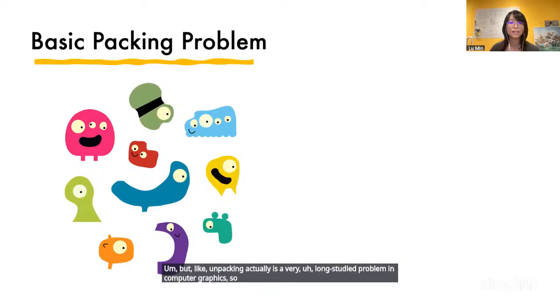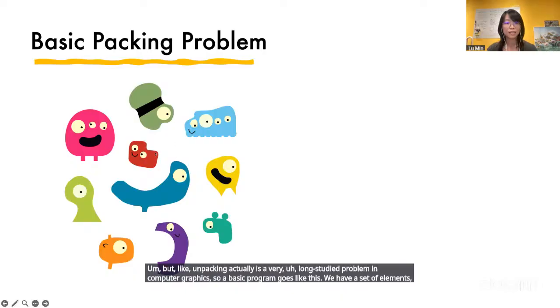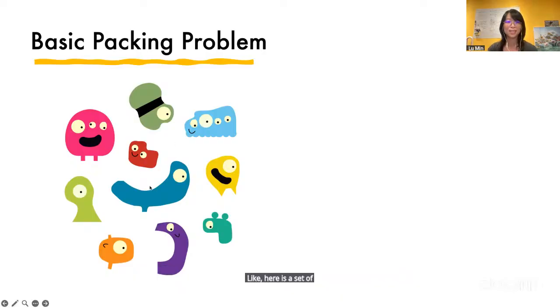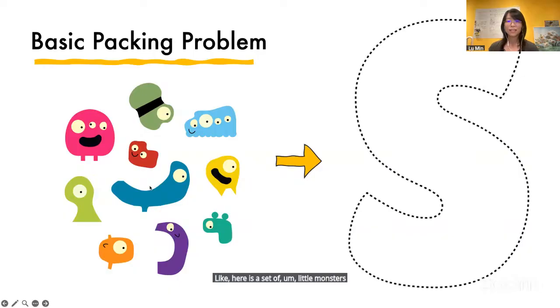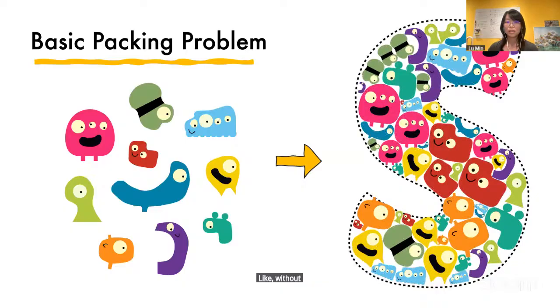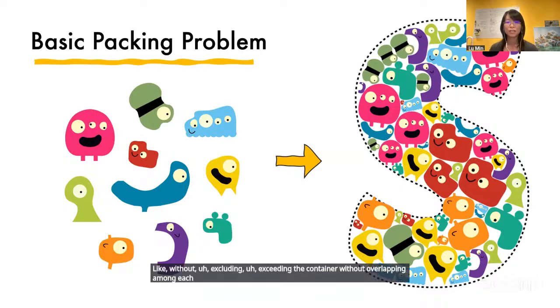A basic packing problem goes like this. We have a set of elements, here a set of little monsters, and a container, and we want those monsters to fill up this container without exceeding the container and without overlapping each other.